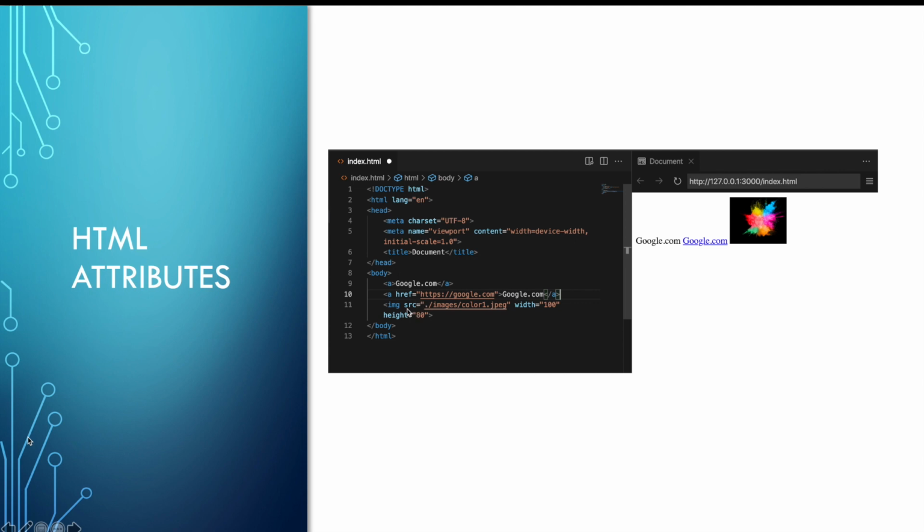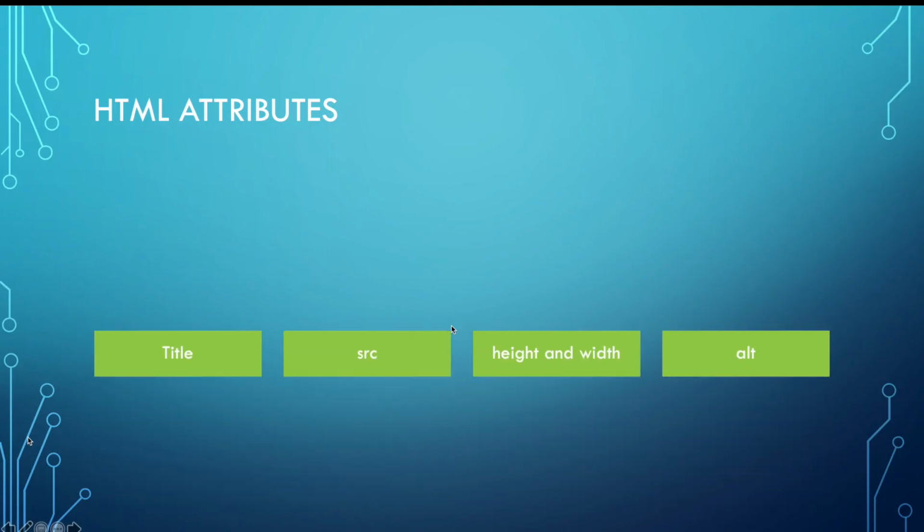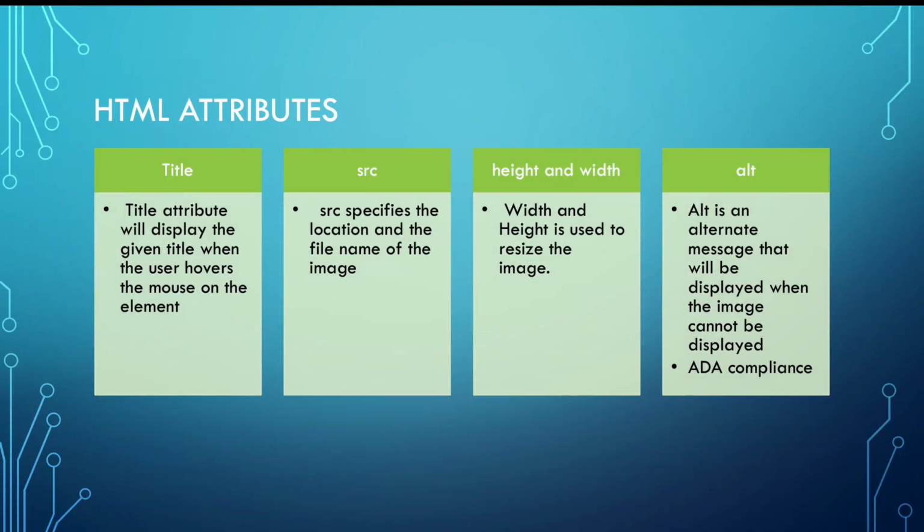An image will have src as an attribute, width as an attribute, height as an attribute, and there are also some other attributes which we will discuss in future. So you can see now we have title attribute, src, height and width, and alt. Let's use this where we use the title attribute and where we use src, height and width and alt, we will see now.